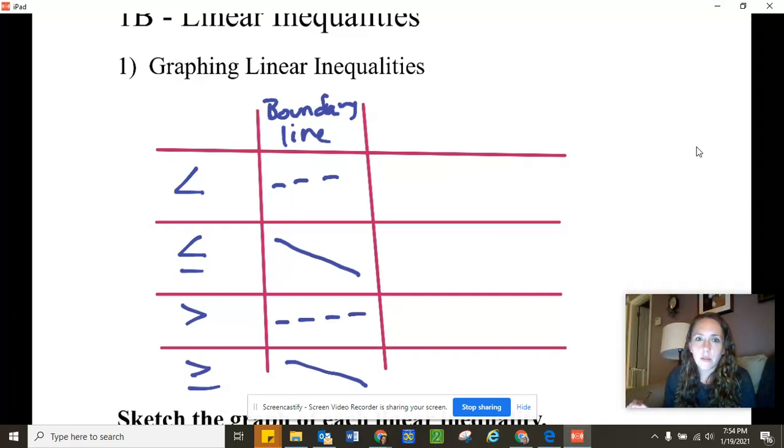All right. And then as we talked about when we graphed linear inequalities on the number line, the solution to an inequality is any number that makes the statement true.